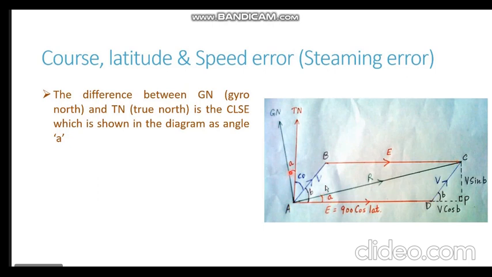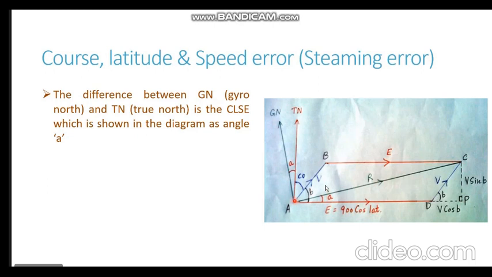Now, how are these two angles equal to each other? The reason is that the angle between two lines is the same as the angle between their perpendiculars. We know the gyro north is perpendicular to AC, which is the resultant. The gyro is pointing in a direction perpendicular to the resultant.